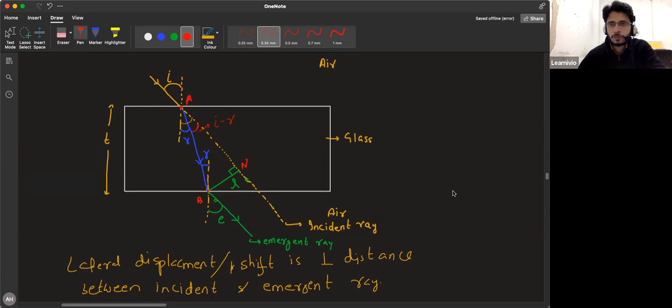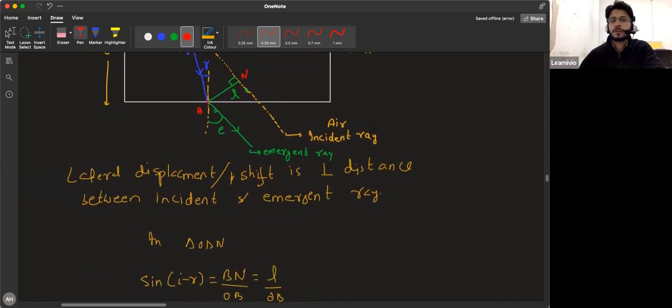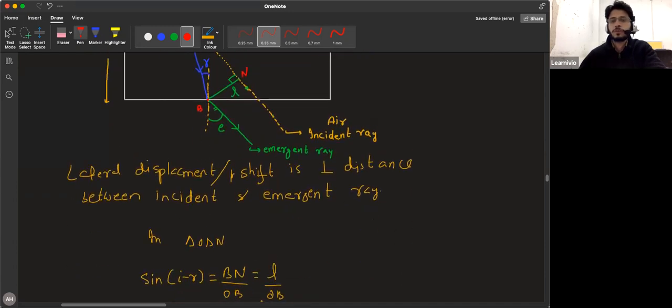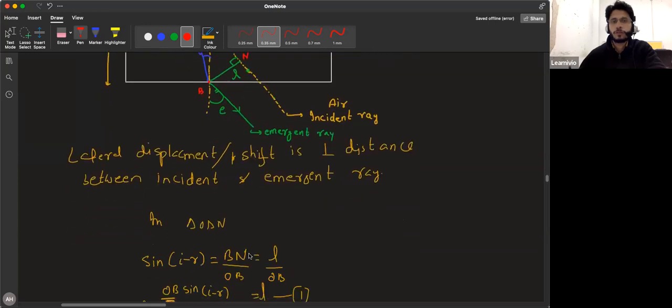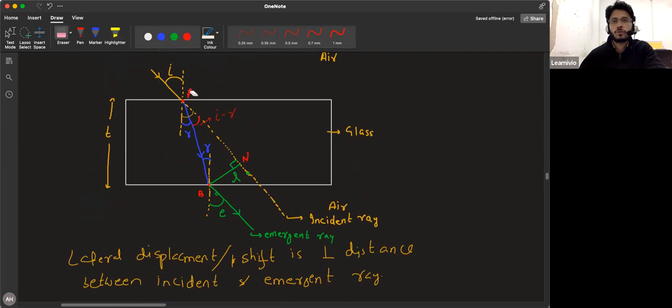Sine is perpendicular upon hypotenuse. Perpendicular is L, hypotenuse is OB. Let's call this point O.